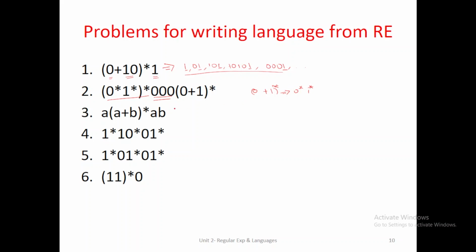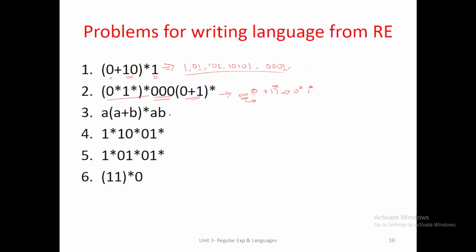But after that it contains 000, and the string may end with 0 or 1. So what is the generalized form? All strings should contain 000 in it. The 000 may be a prefix, suffix, or an intermediate string. So the meaning is all strings should contain the substring 000.